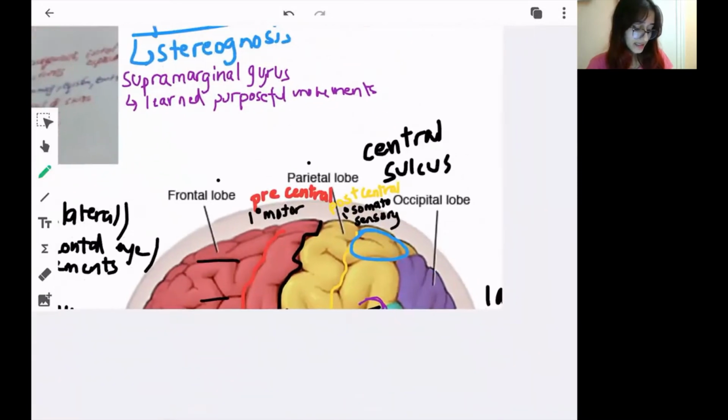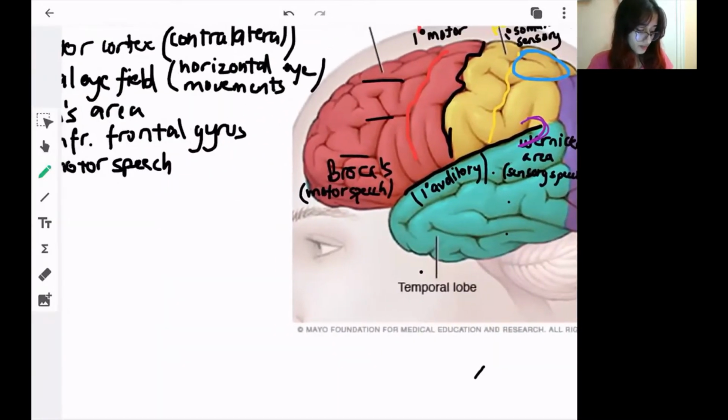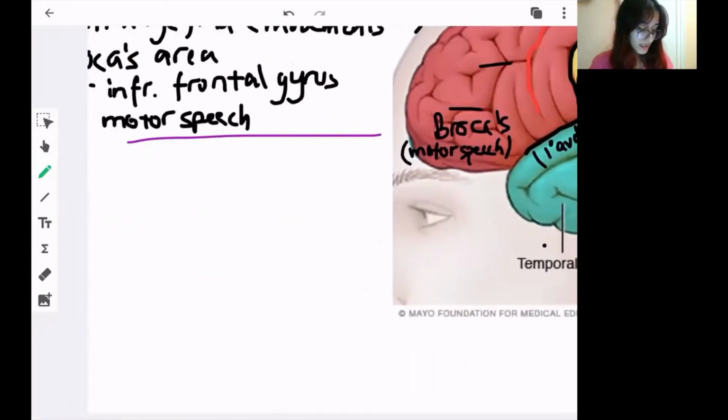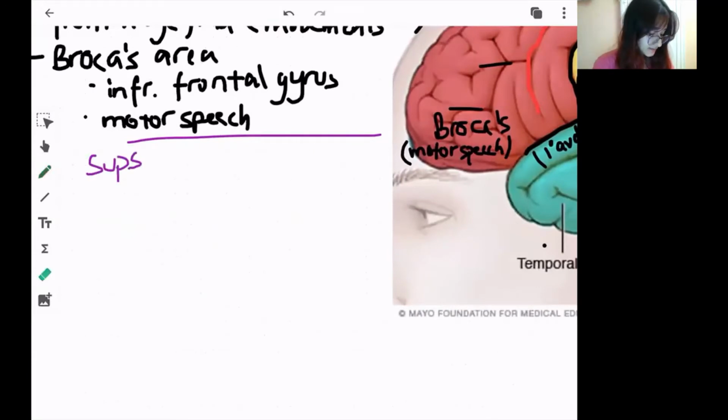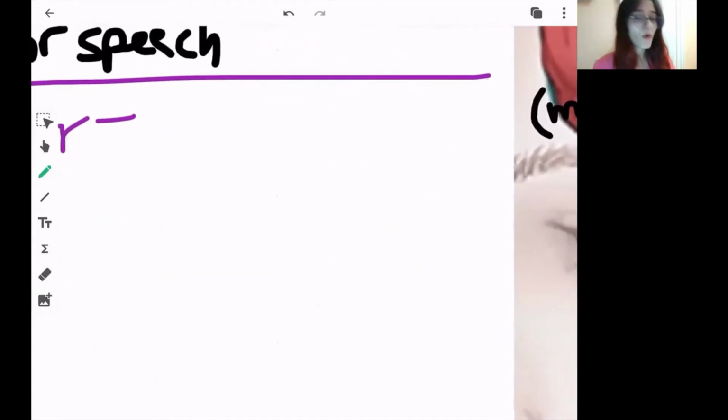So next, let's talk about the temporal lobe. In the temporal lobe, the superior gyrus is the main gyrus. So what is present in the superior gyrus? It is the primary auditory cortex.